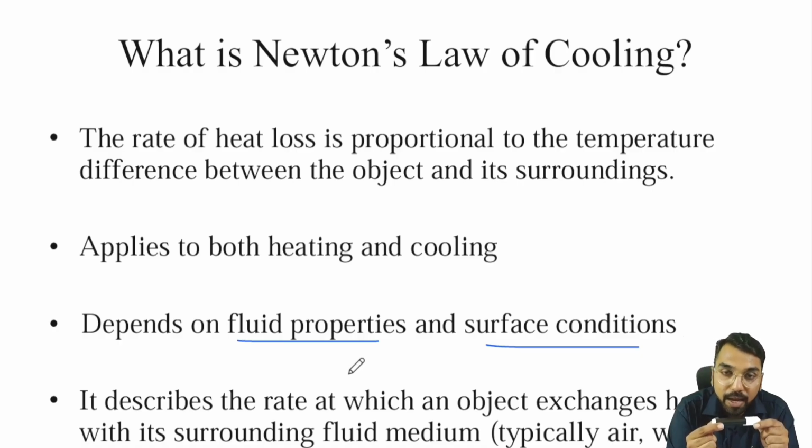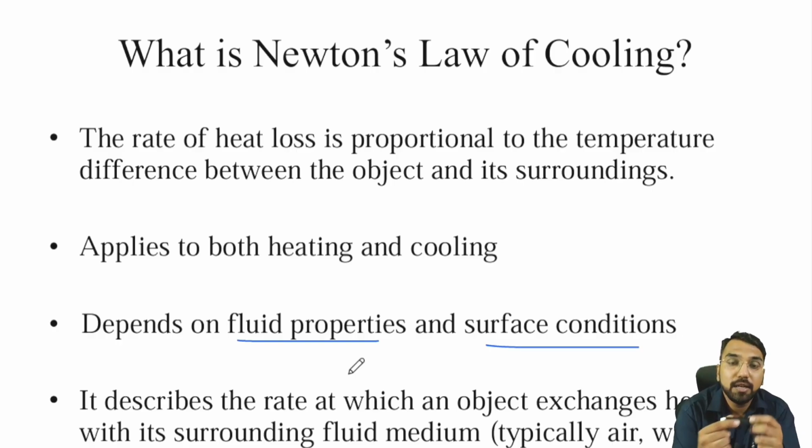In the second case, water at 2 degrees Celsius is flowing around the heated rod. Then the maximum heat transfer from the object to the surrounding is possible in the case of water at 2 degrees Celsius, because the temperature difference is larger in that case.